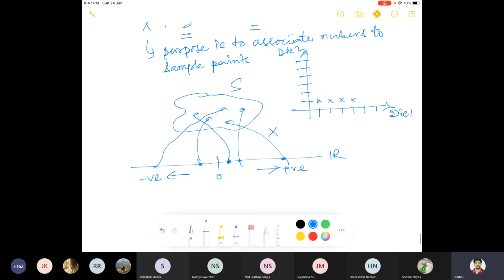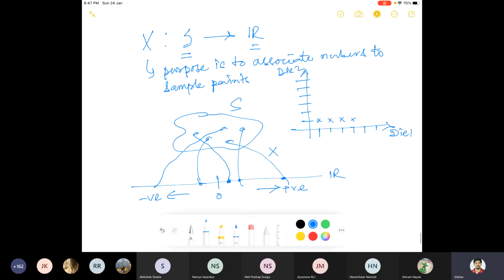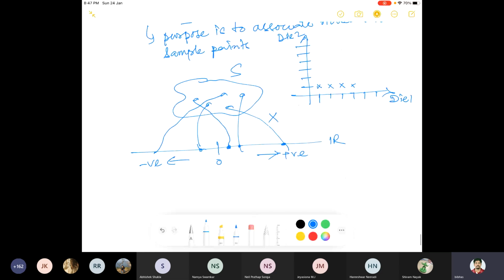So this is the purpose: a random variable associates numbers with the sample points, and the next goal is to explain events as subsets of R through this mapping.